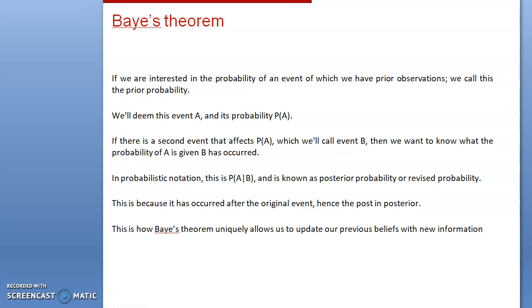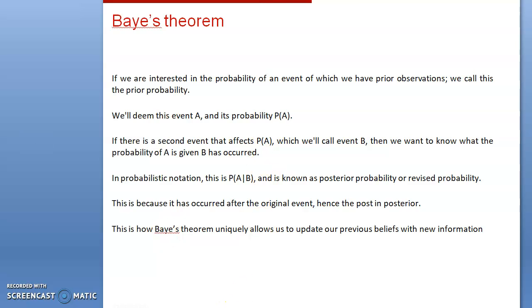In probability notation, this is the posterior probability or revised probability. This is because it has occurred after the original event, hence the post in posterior. This is how Bayes theorem uniquely allows us to update our previous beliefs with new information.